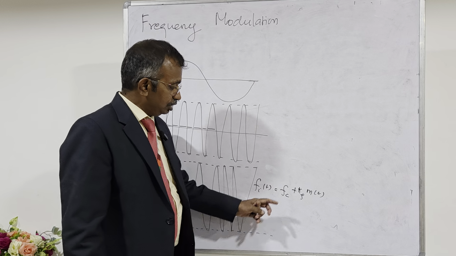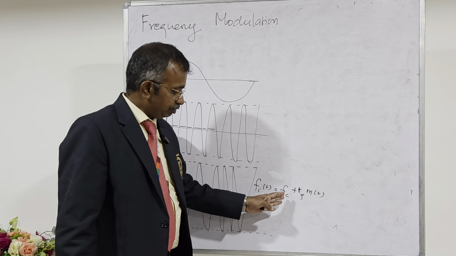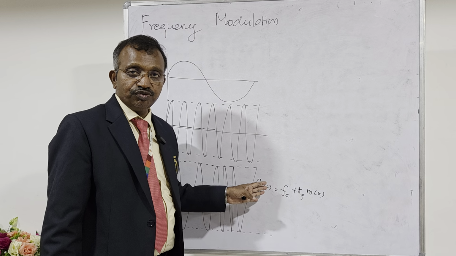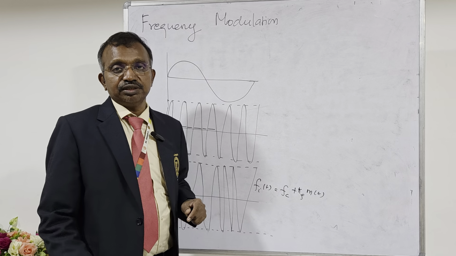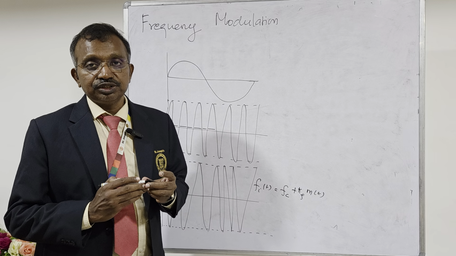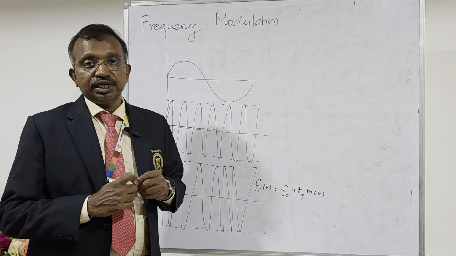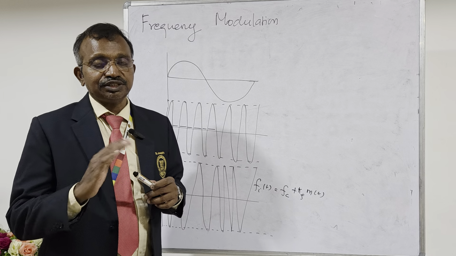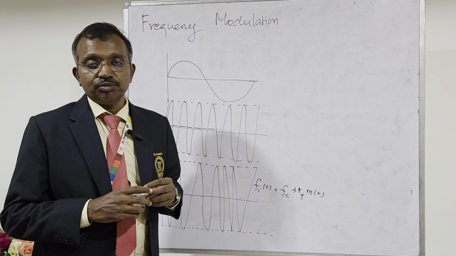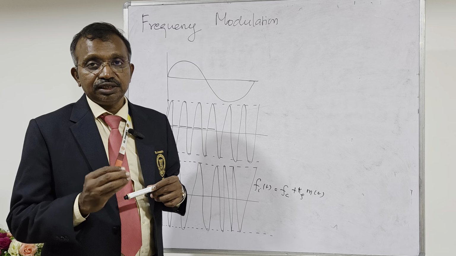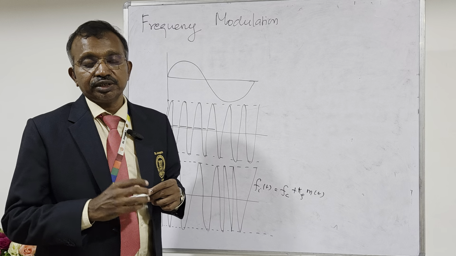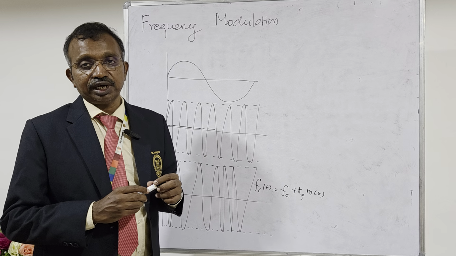You multiply this and add it to the carrier, and that gives you the instantaneous frequency of the FM signal. In this session I am going to derive the equation for the FM signal. Then we are going to classify the message signal depending upon the modulation index, and then I will derive the equation for one particular form of FM called narrowband FM.